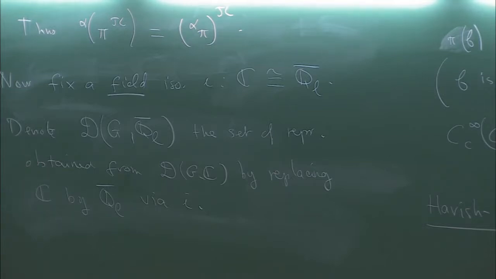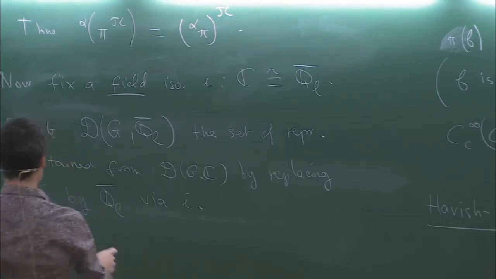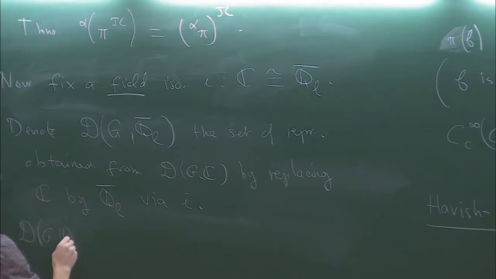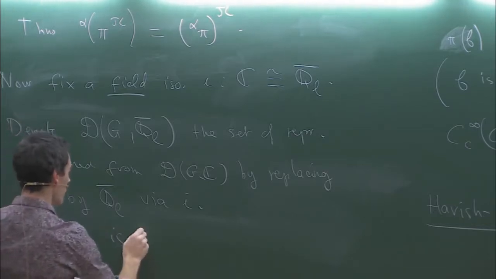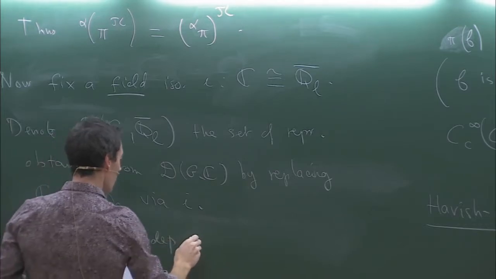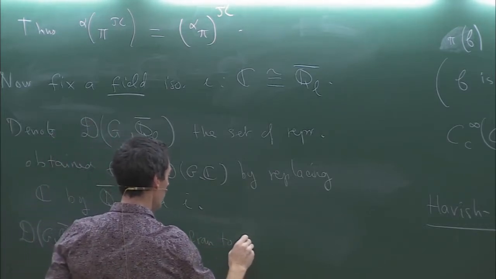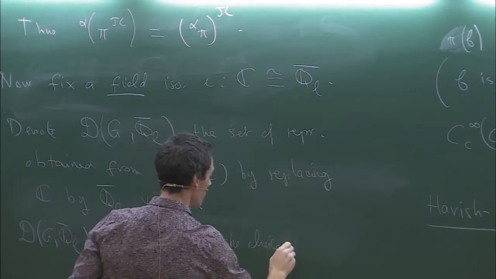Does it depend on the choice of iota? What we did earlier tells you that it doesn't depend on the choice of iota. If you choose another iota, it will differ from the first one by some alpha. And we said that the twisting by alpha preserves DGC. So DG QL bar is independent of the choice of iota.